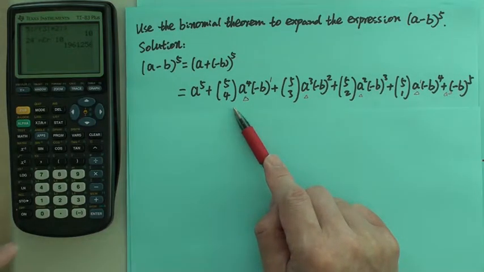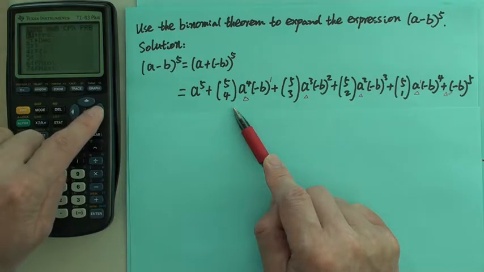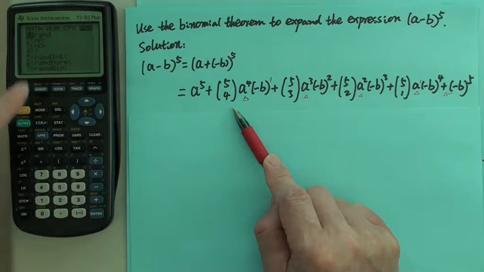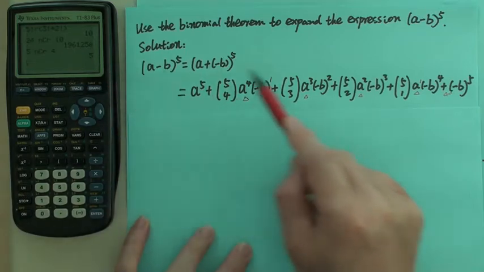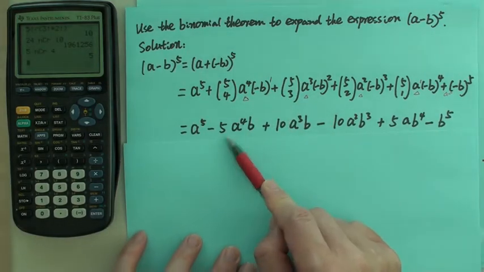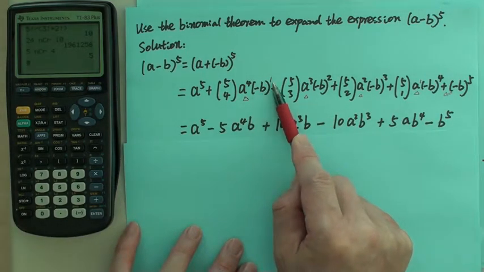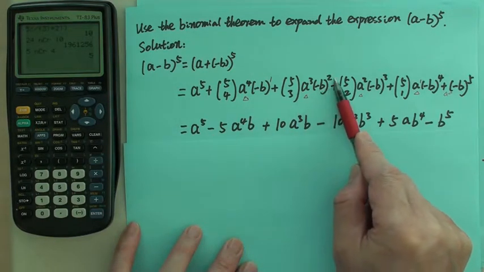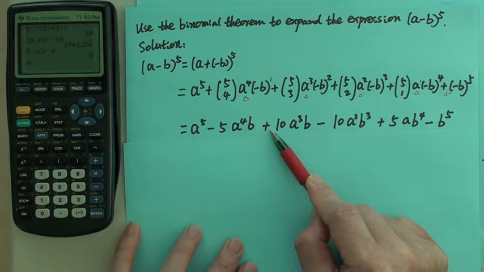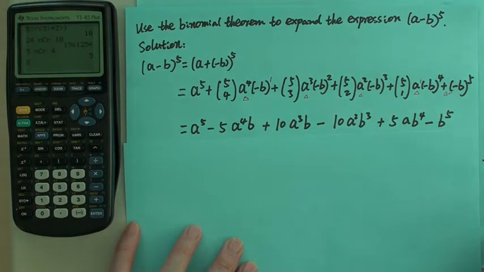Okay? So for example, 5 choose... number 3, 4. I know it's 5, so you then put 5 here. Here is negative because the exponent is 1, right here. A negative b squared is positive, so you do not have to worry about the sign.